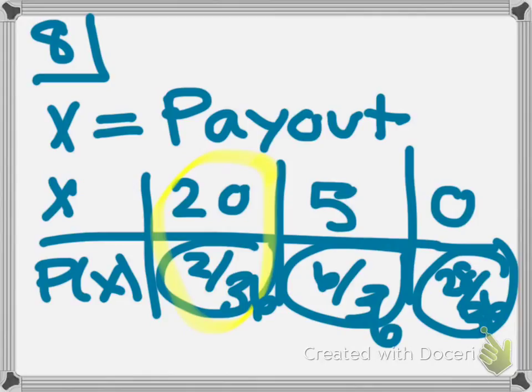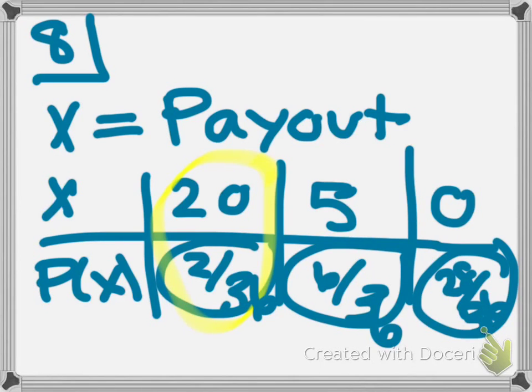Okay, now I need to find my expected value. Now I'm going to do it with you in the calculator, so I'm going to go slow. Hit stat for me. Enter on edit. Enter the X in your L1, so 20. Enter 5, enter 0, enter. Go to L2, hit 2 divided by 36. 6 divided by 36. 28 divided by 36.